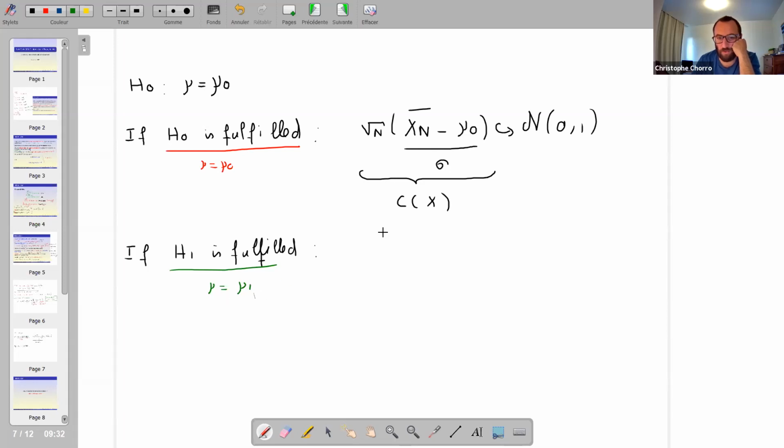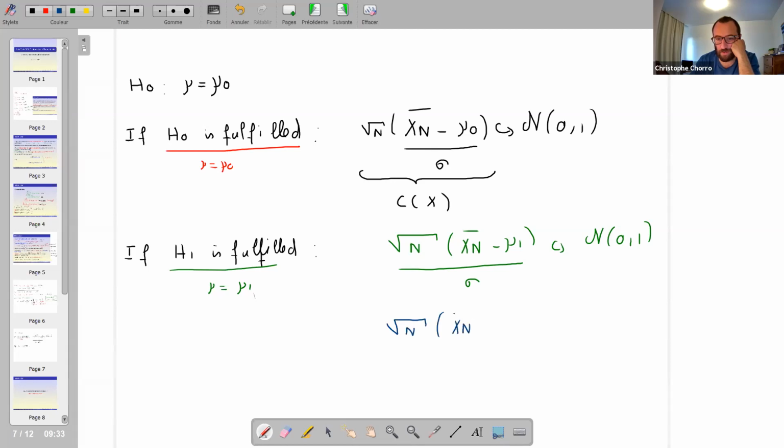So when mu is equal to mu1, it is this quantity that follows N(0,1). But if I want to make C of X appear, I can write it in the following way: square root of n times X̄n minus mu0 plus mu0 minus mu1, over sigma, that follows the N(0,1).